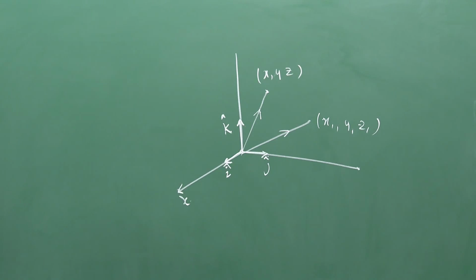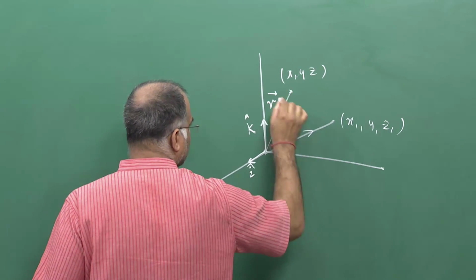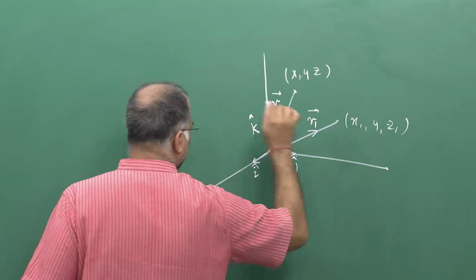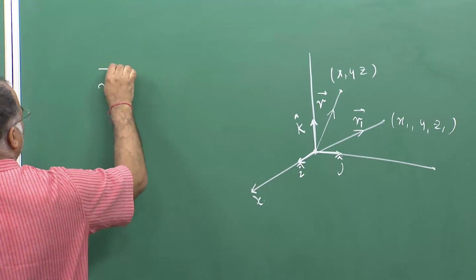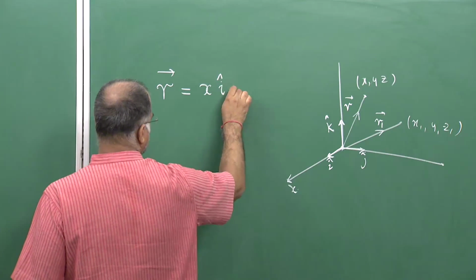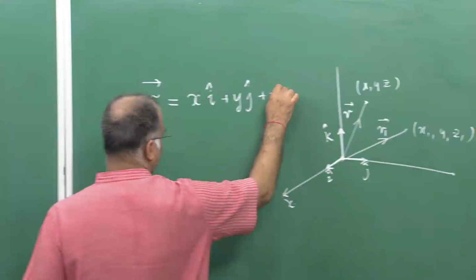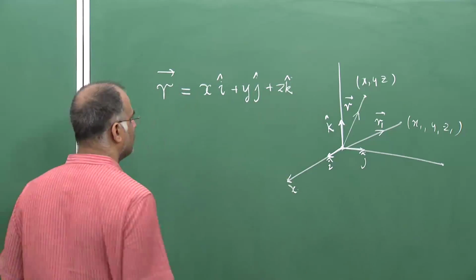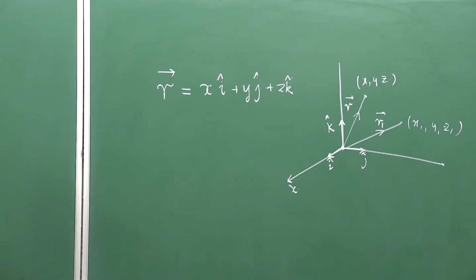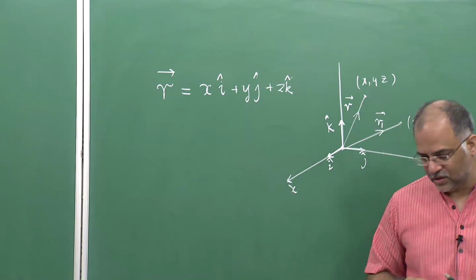Then any vector, which I now denote as the r vector, could be denoted as r1 vector. This r vector can always be written in terms of the coordinates as xi plus yj plus zk. Those who know some linear algebra would immediately recognize that i, j, k are nothing but the canonical basis vectors.